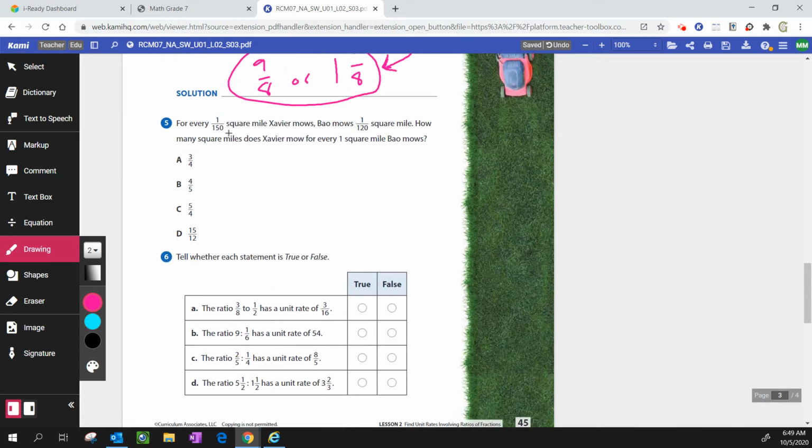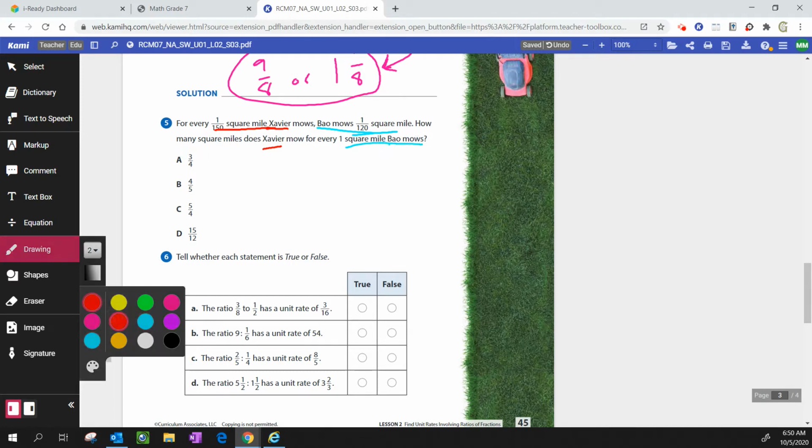Next question. For every 1/50th square mile that Xavier mows, Bao mows 1/20th square mile. How many square miles does Xavier mow for every 1 that Bao mows? So again, Xavier's coming first here. So we'll put our Xavier numbers. And we got our Bao numbers.